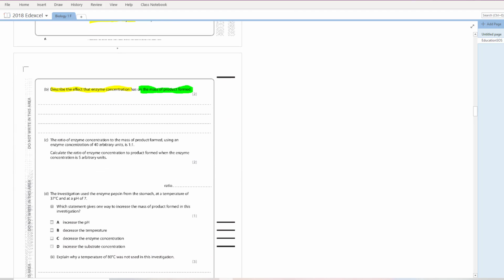So it's going to be my sentence. First of all, as the concentration of the enzymes gets higher, the mass of the product formed gets higher also.